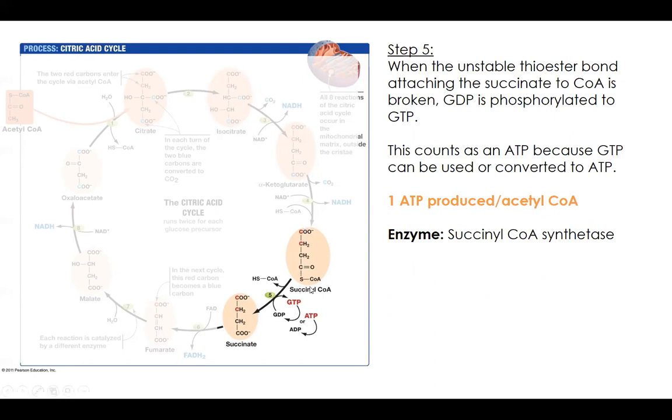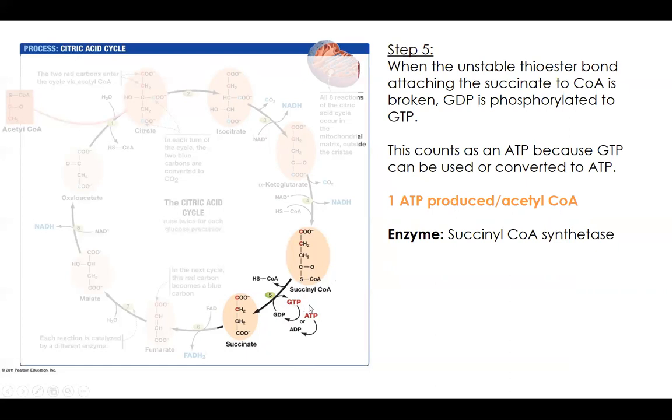We're going to again be attaching one of these CoAs. This is a very unstable bond, and so as we attach and then allow this CoA to leave, that gives us the energy to create an ATP. This says GTP here because our first product is GTP.